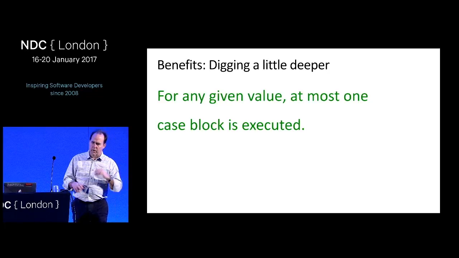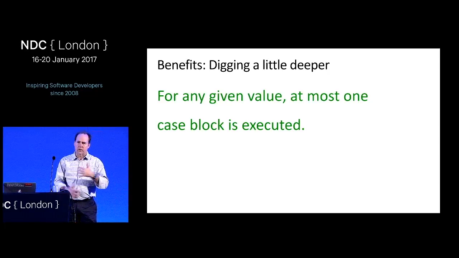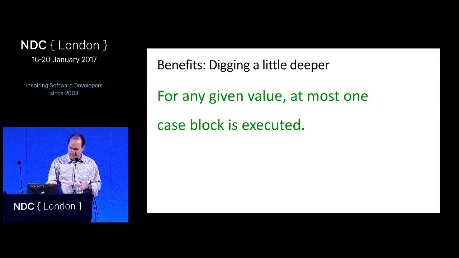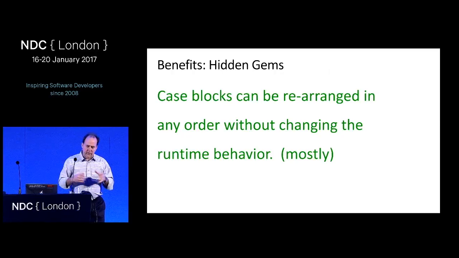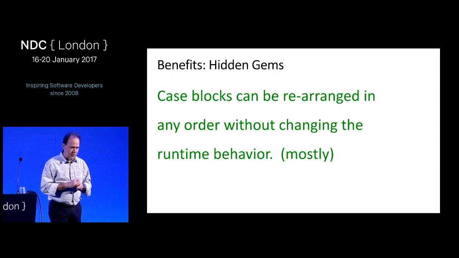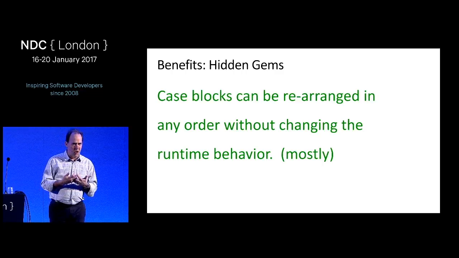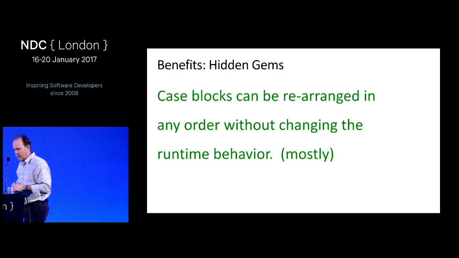So the fact that that was already baked into switch makes it a little easier to add pattern matching into the language. And there's a hidden gem that happens is that, in general, case blocks inside a switch statement can be rearranged any way you want, and the runtime behavior will always be the same. Almost always. I'll show you what we mean by that.